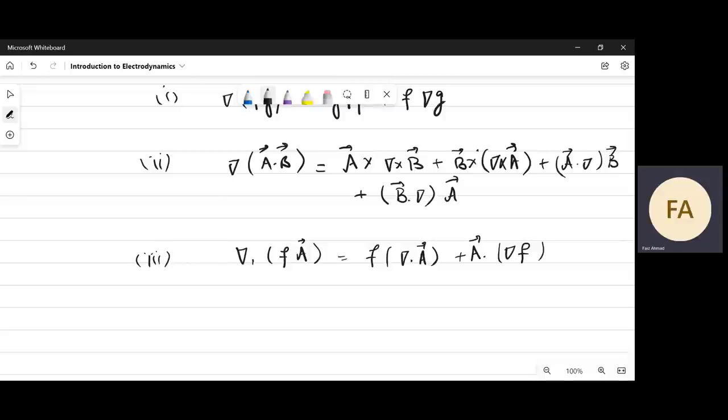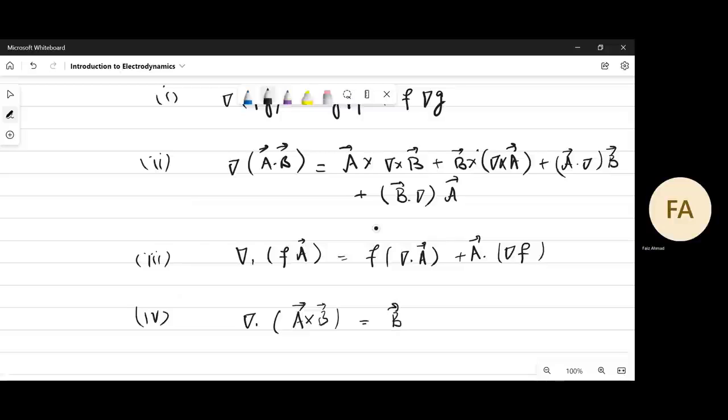And for the divergence of another vector quantity, A cross B, the divergence is B dot (del cross A) minus A dot (del cross B).